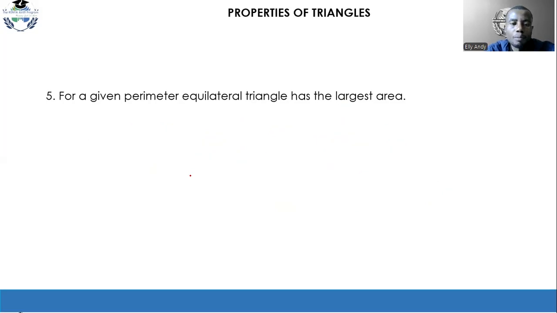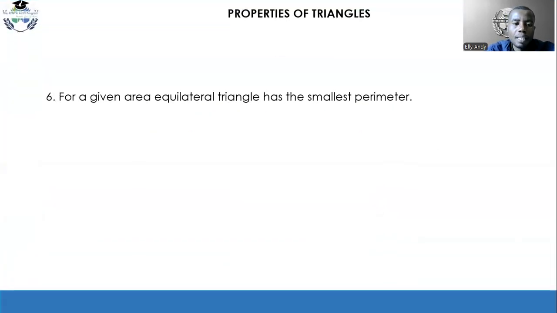Okay, let's move on to property 6, that for a given area, the equilateral triangle has the smallest perimeter. So in this case, the area is common, so we can again illustrate.